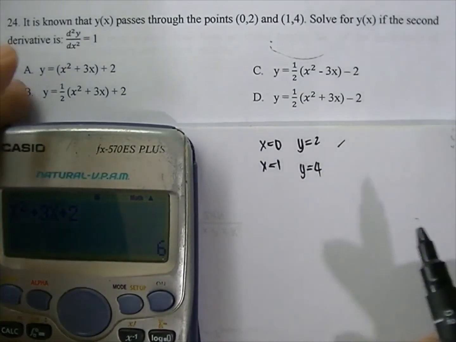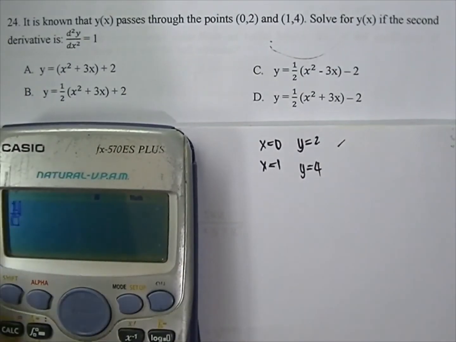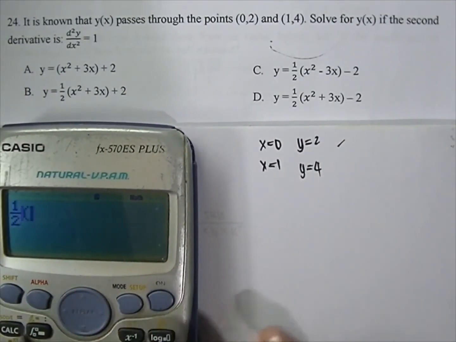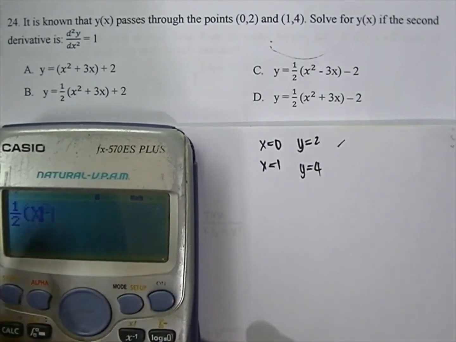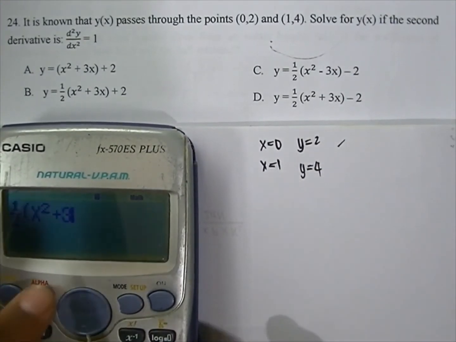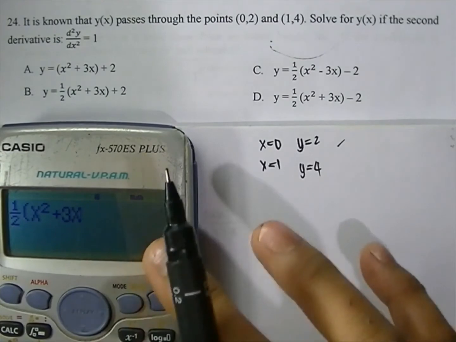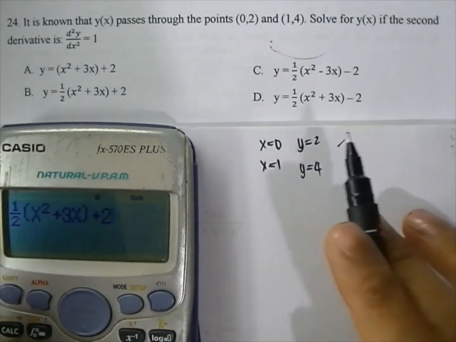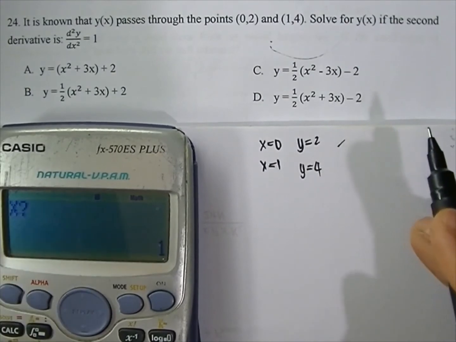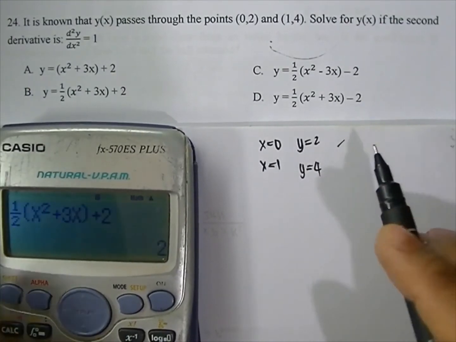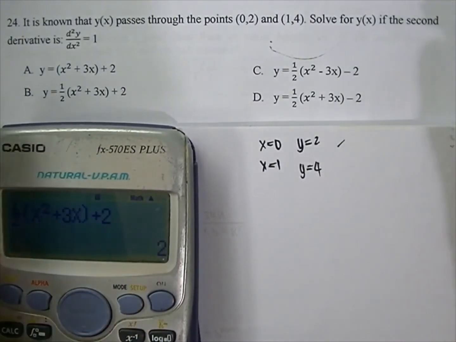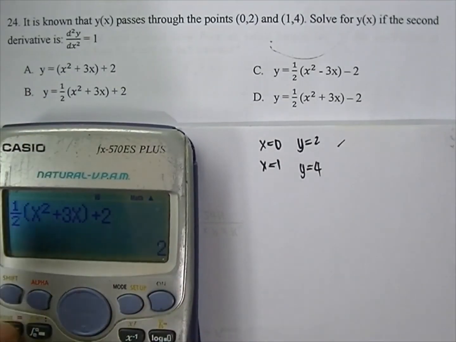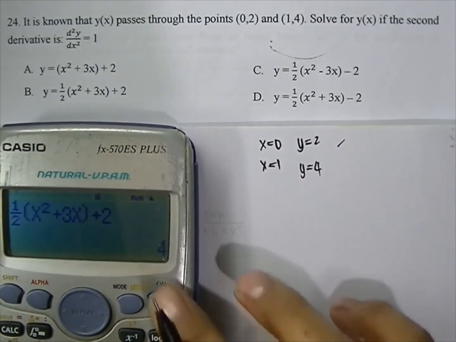So in choice B, we have 1/2 x squared plus 3x plus 2. When x is 0, we have 2, so correct. When x is 1, we have 4.